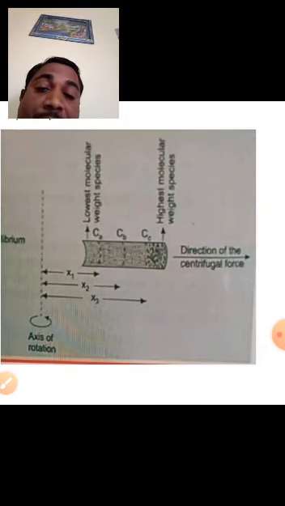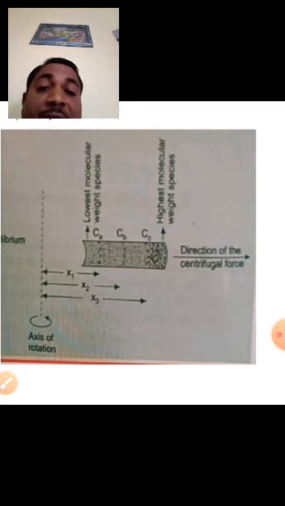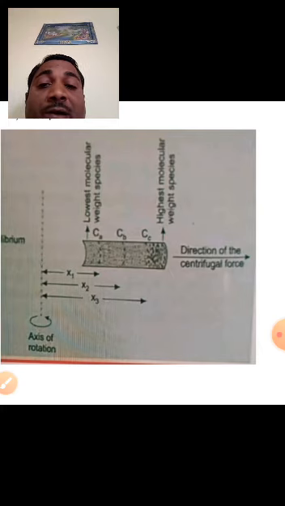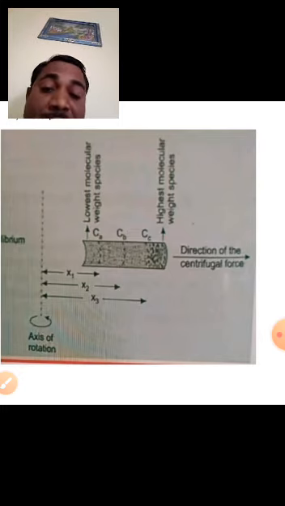Now in the second method, that means the sedimentation equilibrium method, the same experiment can also be performed in such a way. There is one axis of rotation and one solution cell, where the lower molecular weight polymer and higher molecular weight polymer species are present in the solution cell.